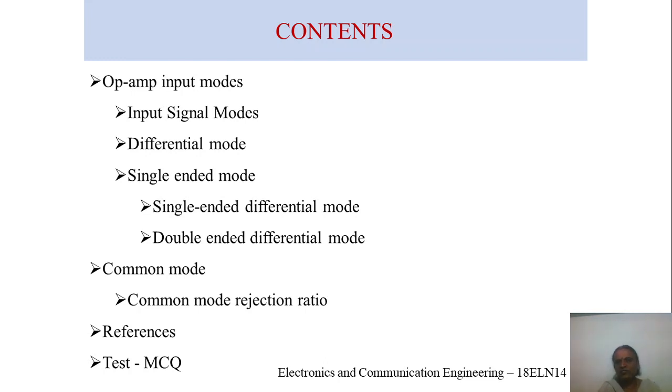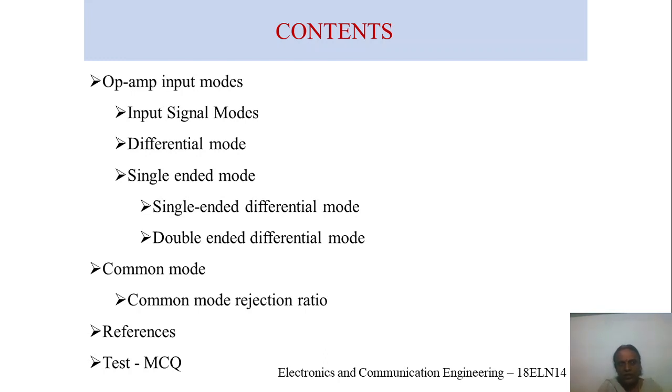And finally, we moved on to the block diagram, that is the architecture of an op-amp, and concluded with the advantages and disadvantages of an op-amp and where exactly it is used.